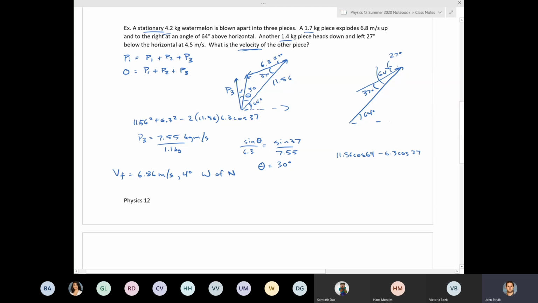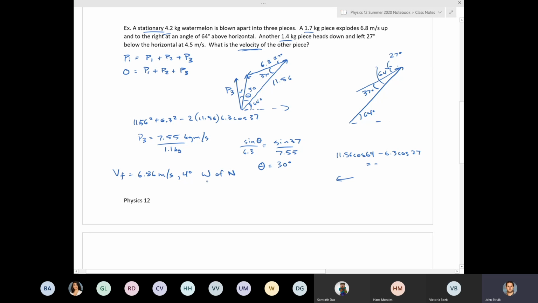Okay, and I'm just going to do that. 11.56 cos 64 minus 6.3 cos 27 equals, and I get a negative answer. So this is a negative answer, which means that my final momentum is going to the left.